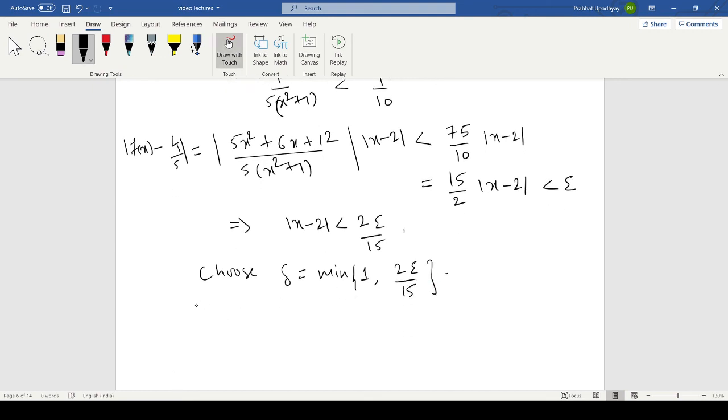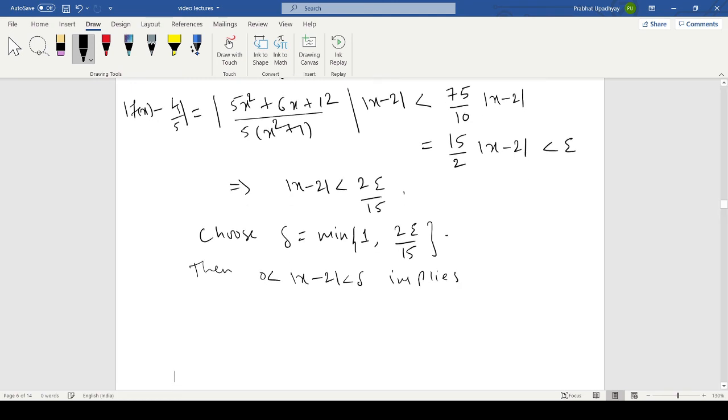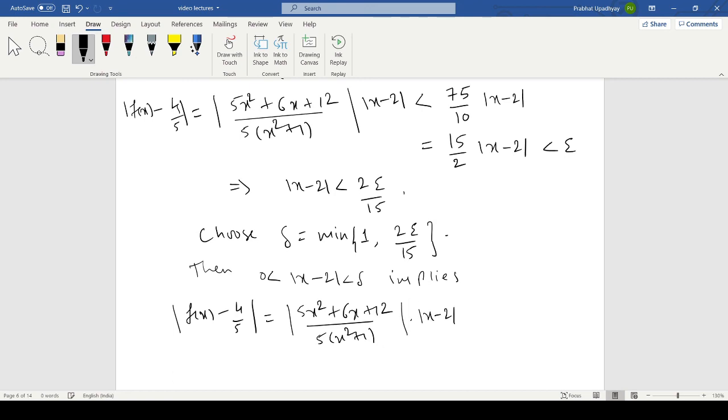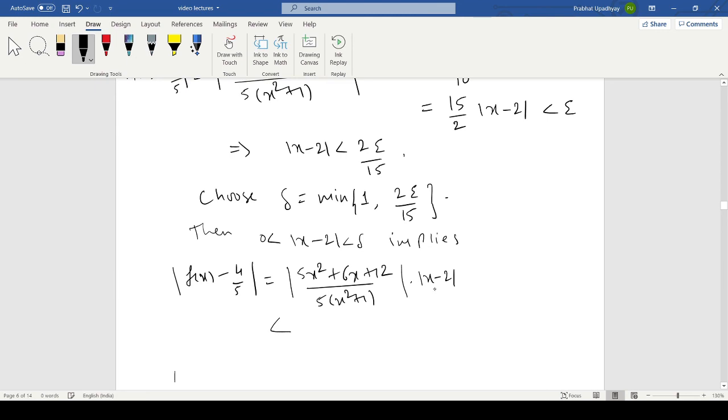And if I choose this delta, then 0 less than mod x minus 2 less than delta implies mod of f of x minus 4 upon 5, which was equal to mod 5x square plus 6x plus 12 upon 5 times x square plus 1 into mod x minus 2, is less than, now mod x minus 2 will be less than 2 epsilon upon 15, and when your mod x minus 2 is less than 1, you have numerator less than 75 and denominator less than 10.